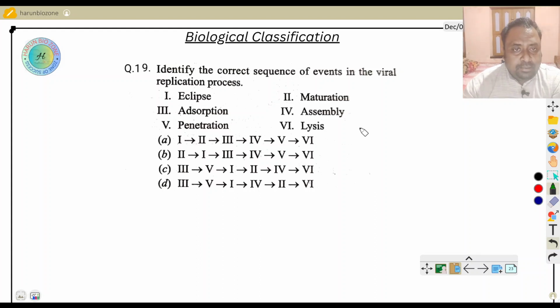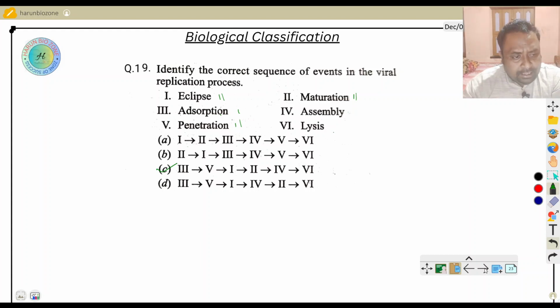The first step is adsorption, this is 1, then penetration 2, then eclipse 3, then maturation, then assembly, then lysis. C is the right answer.